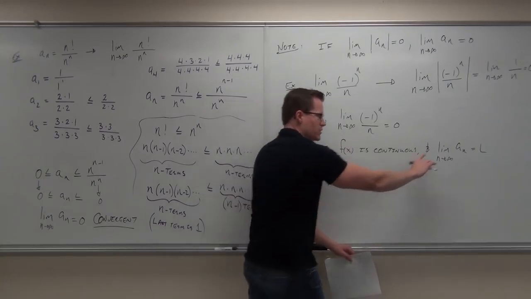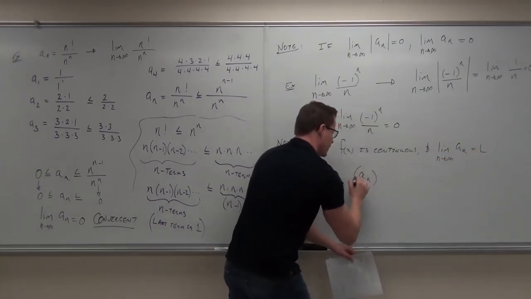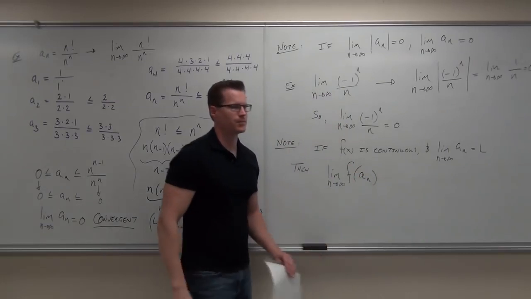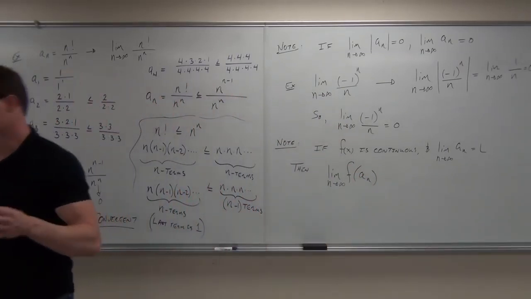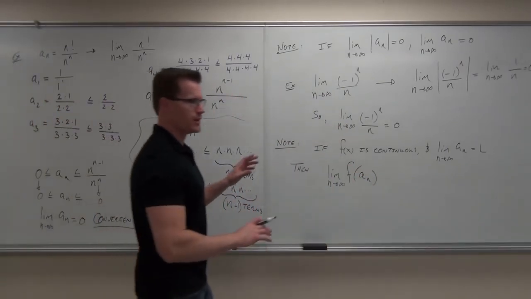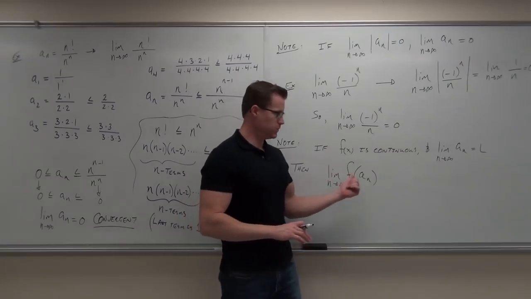You have a sequence whose limit exists inside of a continuous function. We've actually used this before. You will notice on the next example that we do, we've seen this before.